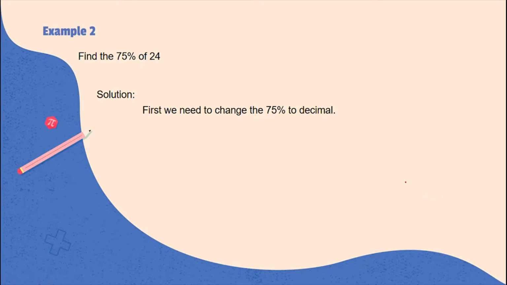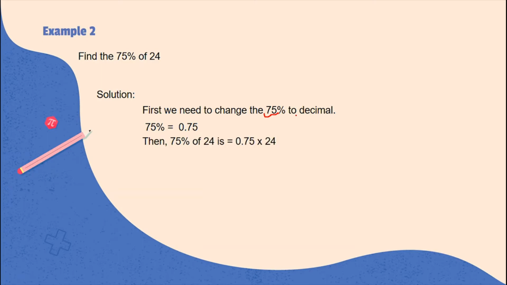Now, for the 75%, the decimal point is right here. To make this a decimal, just move 2 places to the left. So let us move 1 and 2. So 75% is also expressed in decimal as 0.75.